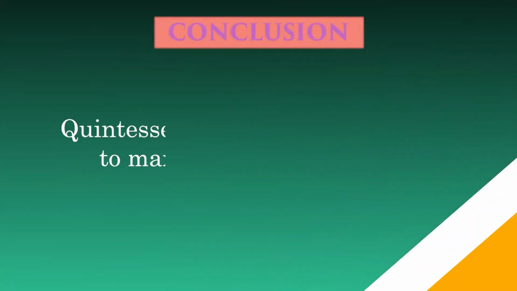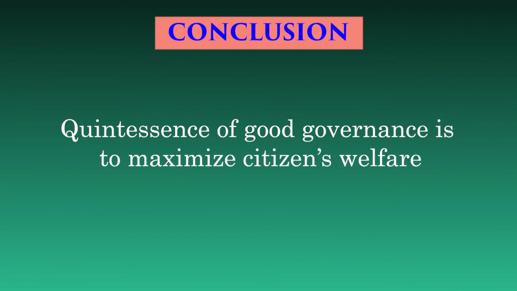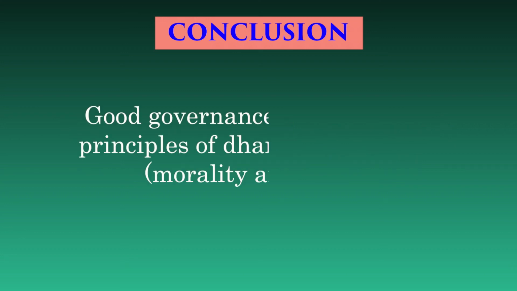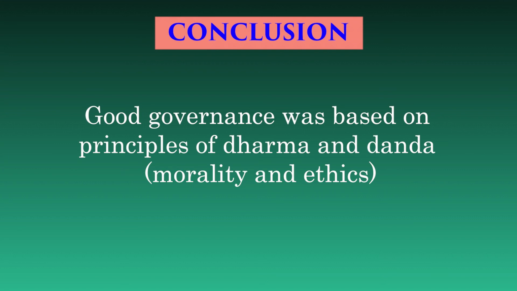Now, based on this discussion, let us try to find out what was good governance and how it was applied in the Arthashastra. The quintessential aspect of good governance, as emphasized in the Arthashastra, is citizens' welfare, happiness of the citizens. Good governance was based on dharma and danda.